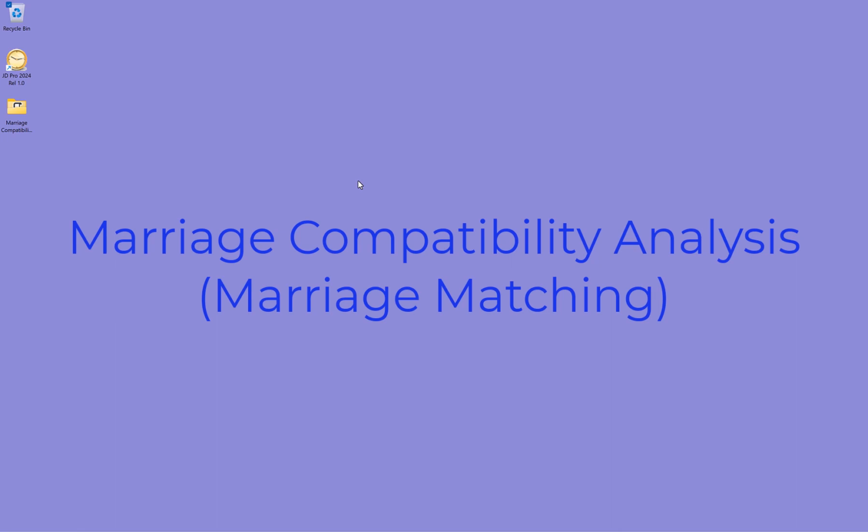In this instructional video, I will take you through a feature which has been completely redesigned and re-implemented since the previous version, and this feature is marriage compatibility analysis. This entire feature in the previous version was only centered on KP astrology principles.